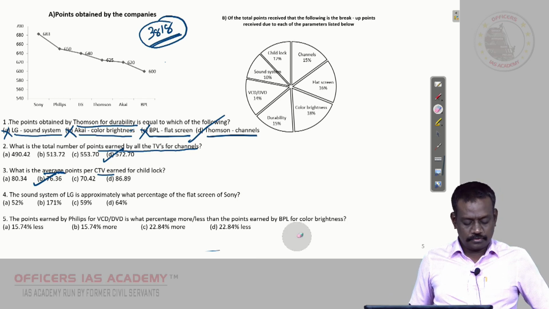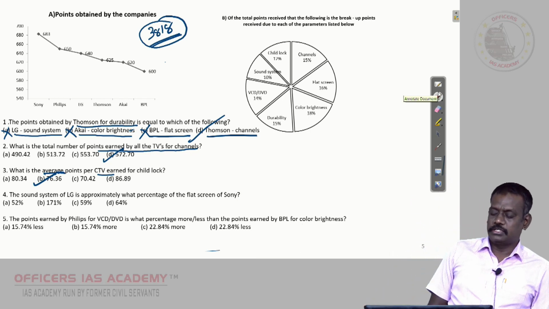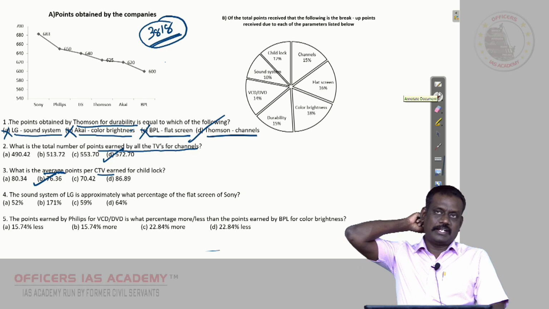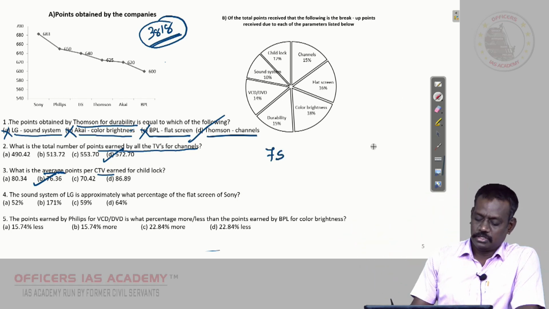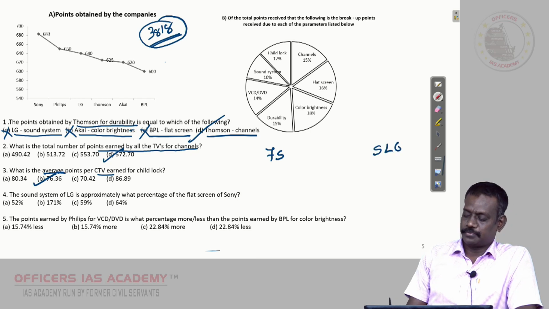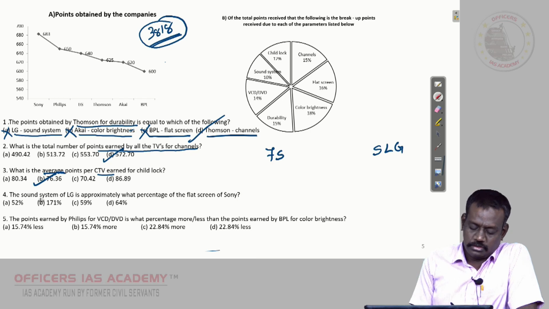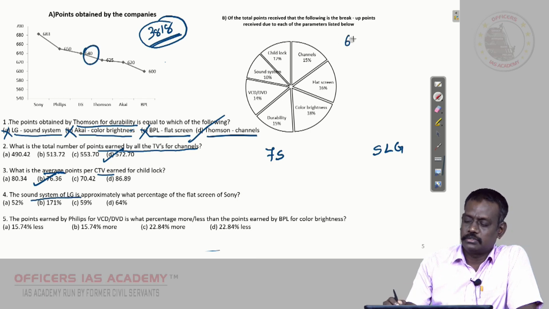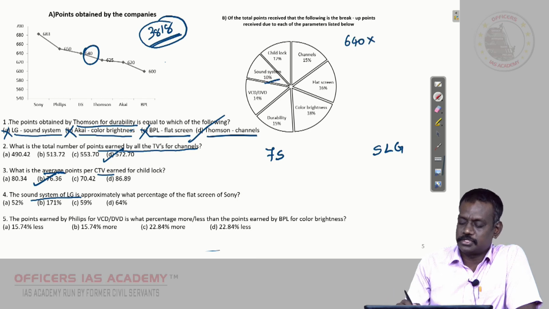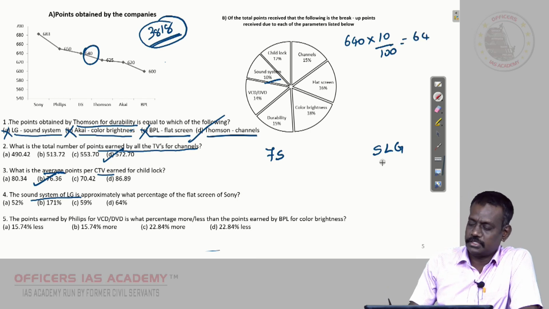First we'll find the sound system of LG. LG is 640 into sound system 10%, which is 64.